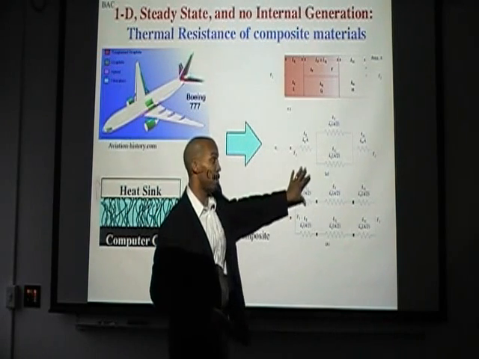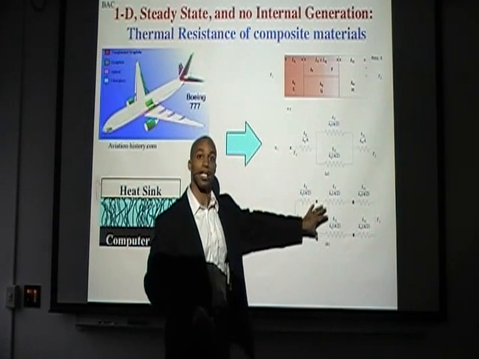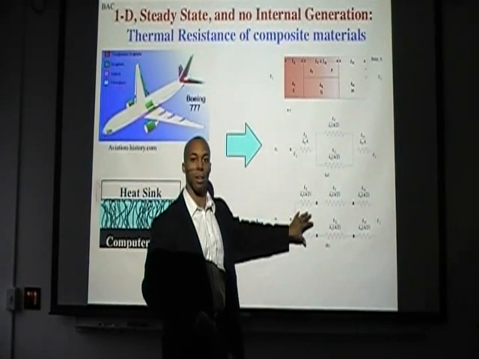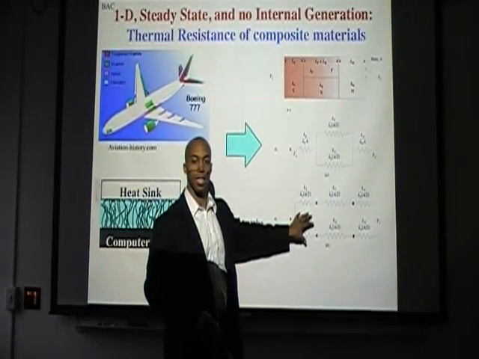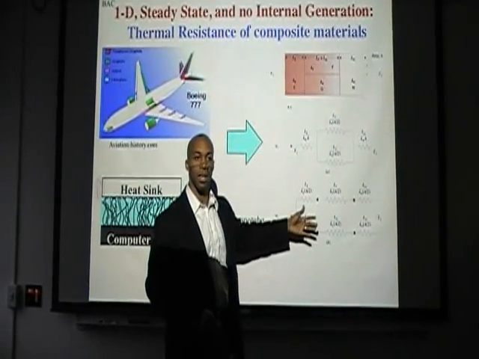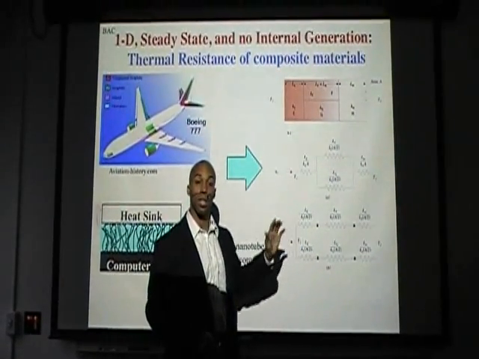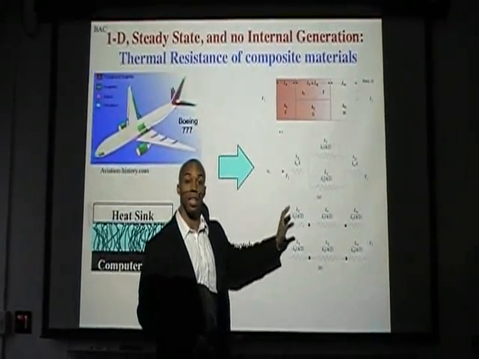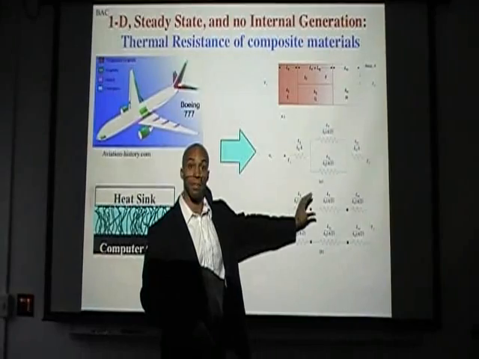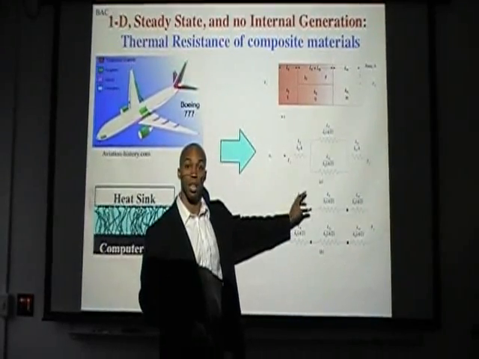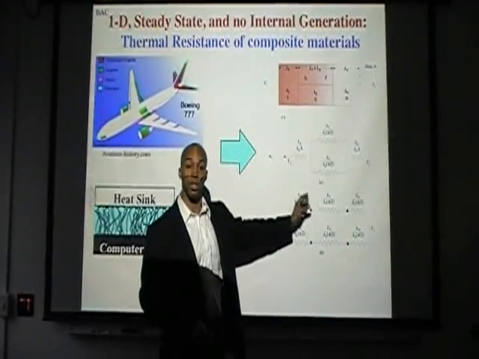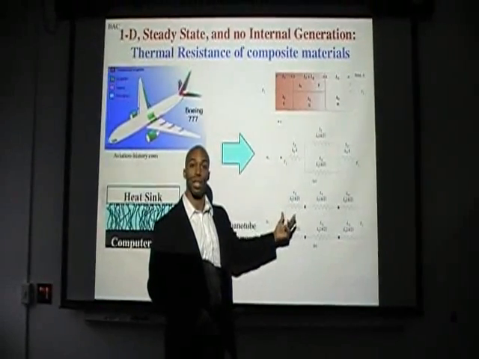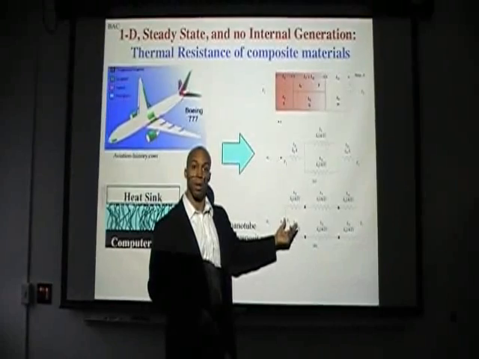Here we're focusing on finding the total effective resistance, but if you look closely at the representation of resistance as it shows up in Fourier's law, you can see that you could relate resistance to thermal conductivity. So if you find the effective resistance or the total resistance of a composite material, you should be able to use that to find an effective thermal conductivity as well.